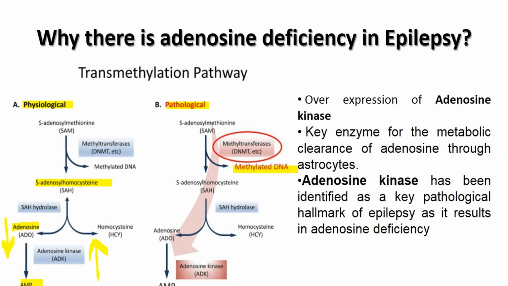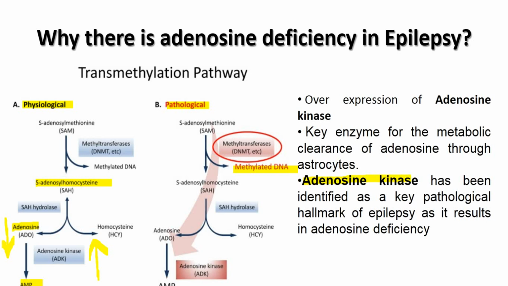Once again I explain, because it may be asked in examination, you have to understand why there is a deficiency of adenosine in epileptic patients. Reason: it is attributed to the activity of the enzyme adenosine kinase. This enzyme is overactive. Adenosine kinase converts adenosine into adenosine monophosphate, AMP.